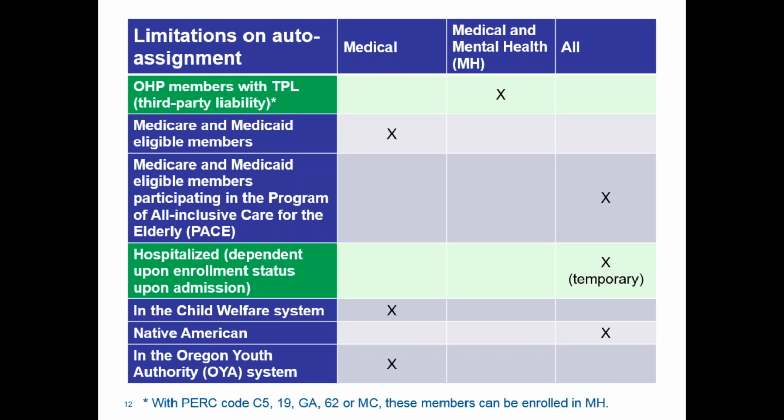The rest of our carve-outs will not auto-assign to medical. They could be enrolled in a CCOG. And then we have our HNA clients who will not auto-assign to any coverage at all. One of the caveats for our carve-out populations is that they can opt in and out of coverage at any time. So even though they don't auto-assign to medical, they can opt into medical if they choose.